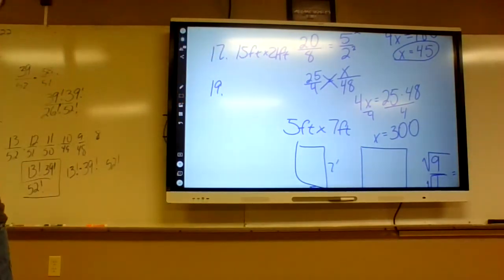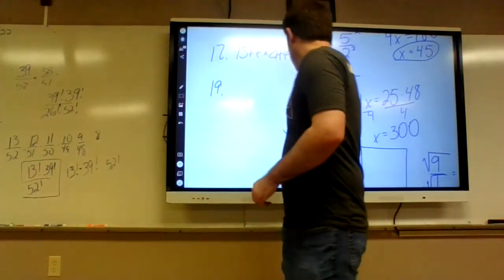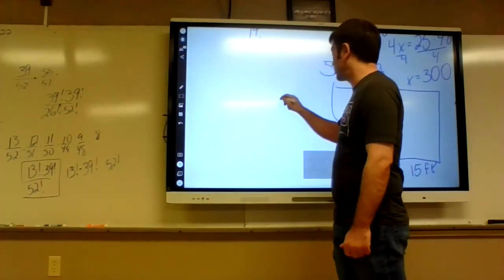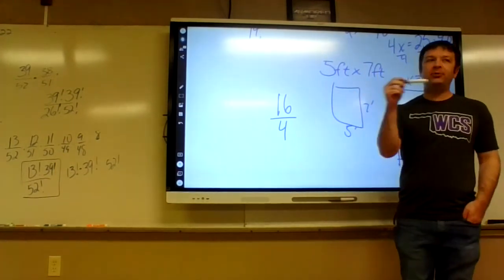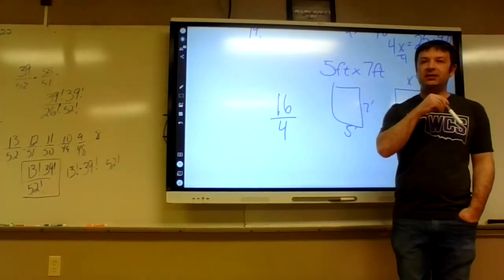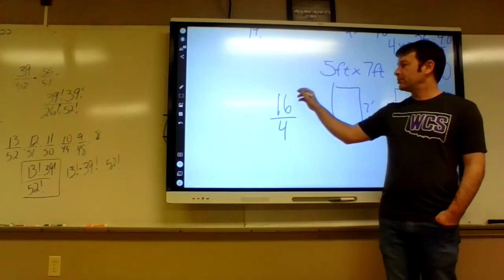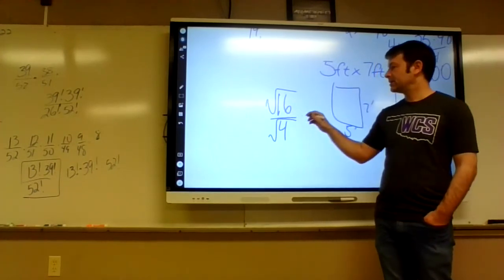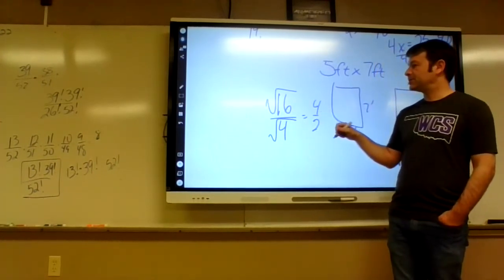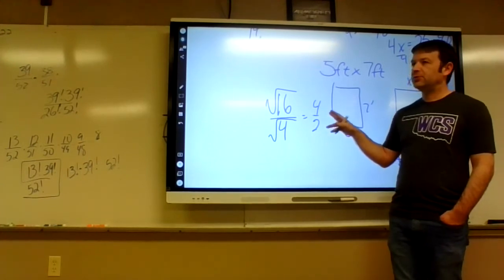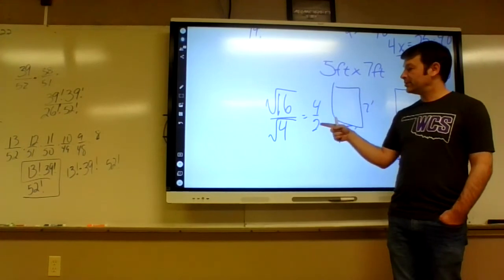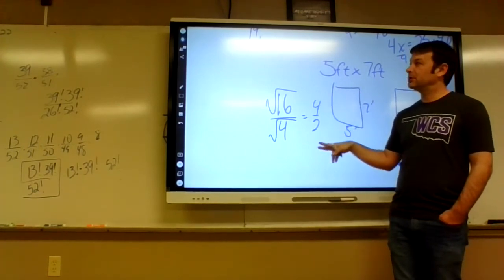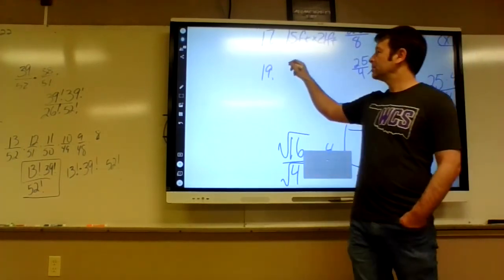So it says the areas of the triangles are 16 to 4. If this is the ratio of the areas, how do we go backwards to find the ratio of the lengths of the sides? Square root. So what's the square root of these guys? 4 over 2, which reduces to 2 over 1. I just remembered the direction said smaller one to bigger one. So we actually need to say 1 to 2 instead of 2 to 1.